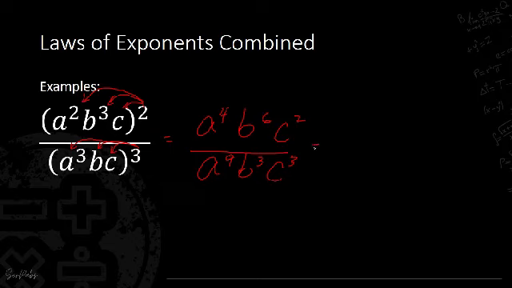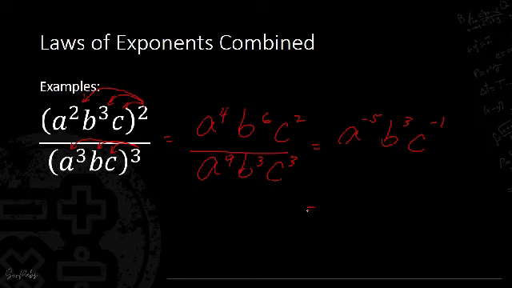And then, so similar variable, subtract the exponent. So we have a, 4 minus 9, so that is negative 5. And then b, 6 minus 3, so that is 3. And then c, 2 minus 3, okay, and that will be negative 1.